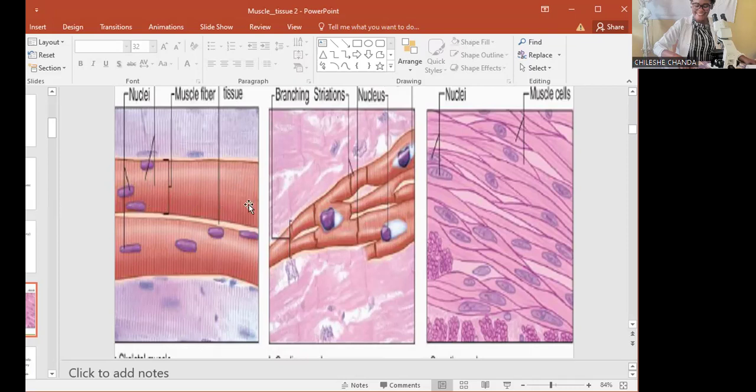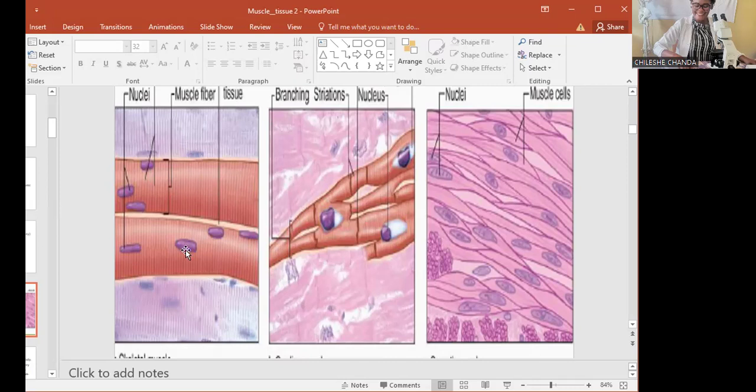So they are rod-shaped. They are elongated like that, elongated, okay? So they will look like a rod or a tube. The third property is that skeletal muscle will have more than 1 nucleus. A skeletal muscle fiber will have more than 1 nucleus. So that is what you should take note of.